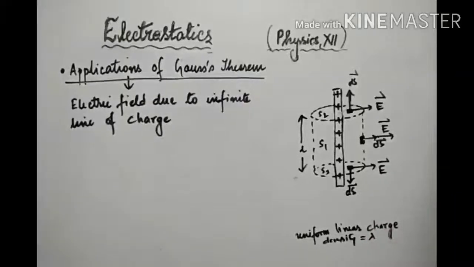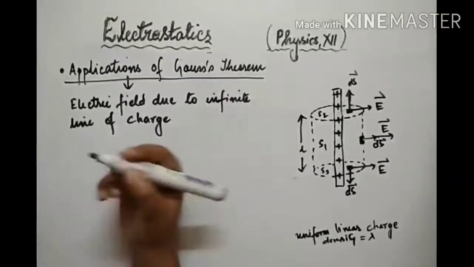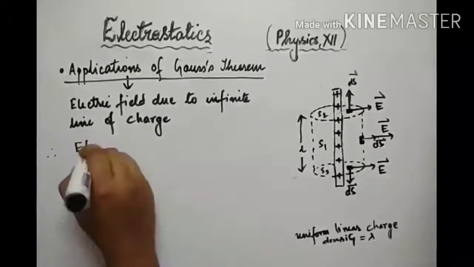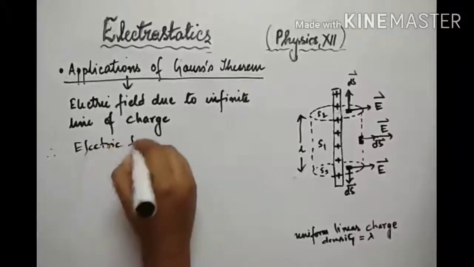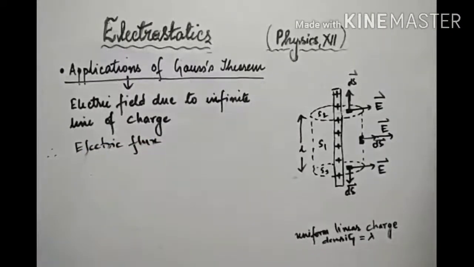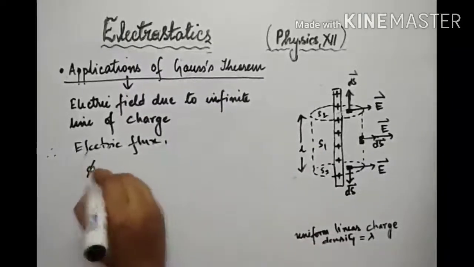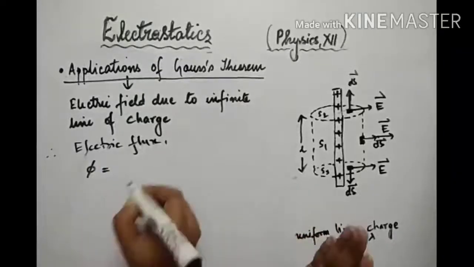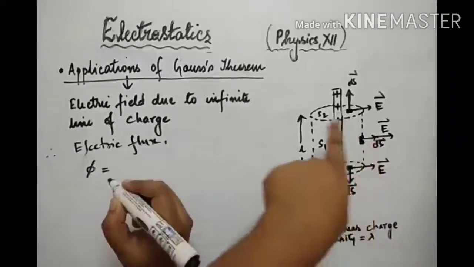So now let us find out the electric flux. Electric flux phi will be given by, so you have already learned that to apply Gauss's theorem, we have to draw a Gaussian surface.